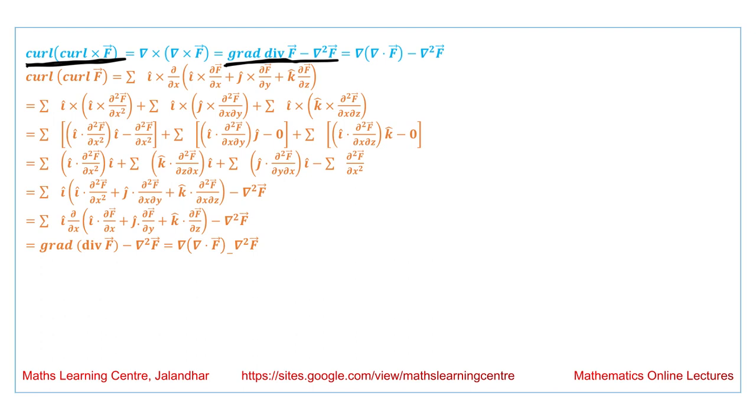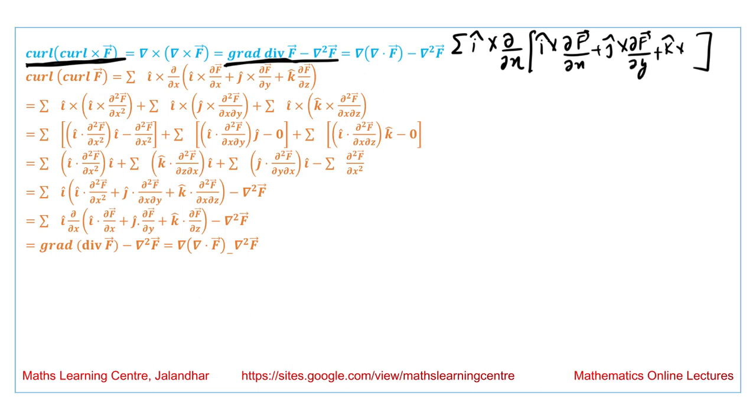By the definition of curl, we have sigma i cap cross ∂/∂x, and then we have the curl of f vector, whose value is i cap cross ∂f vector/∂x plus j cap cross ∂f vector/∂y plus k cap cross ∂f vector/∂z.